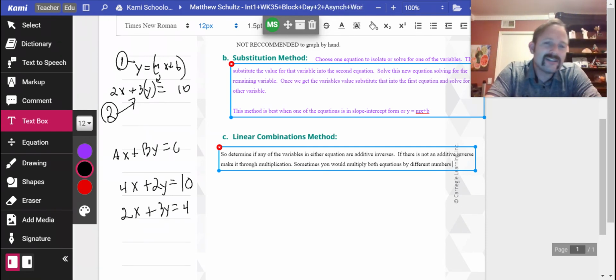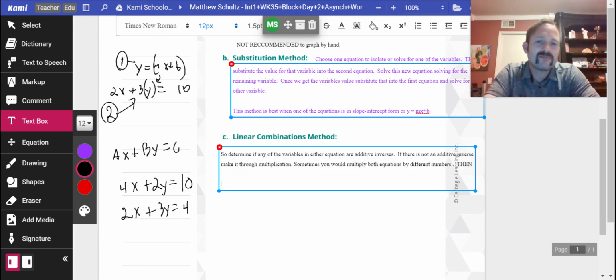Okay. Then make sure to line up the correct variables and add the two linear equations.